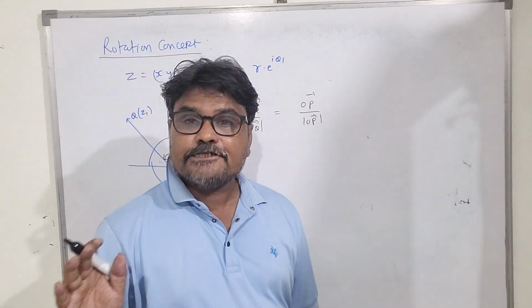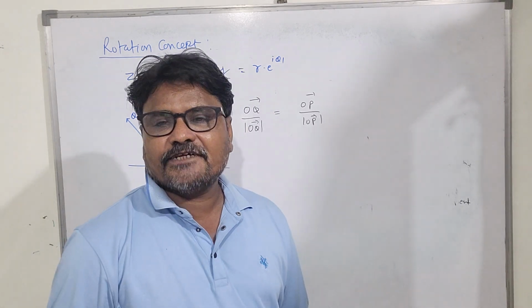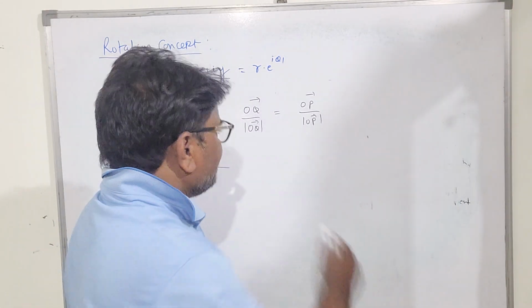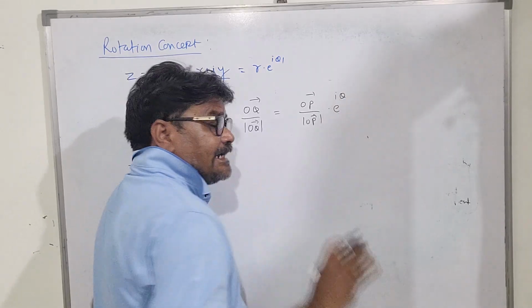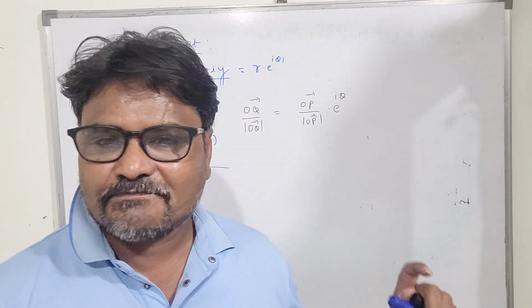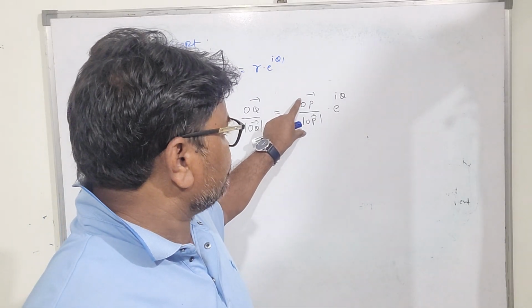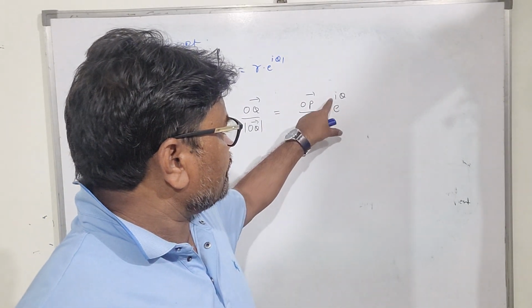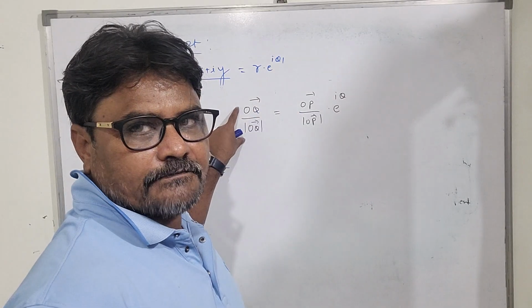So now we are rotating the unit vector along the OP vector by theta degree in the anti-clockwise direction. e to the power iota theta is the rotating factor. So when we multiply this unit vector with e to the power iota theta, we will get this unit vector.